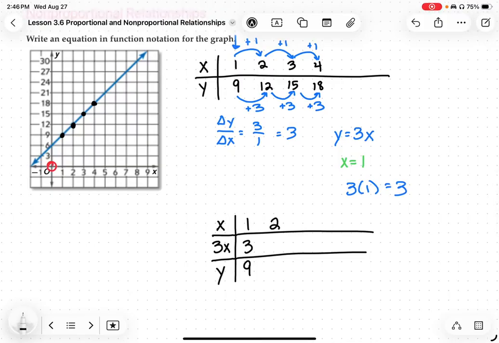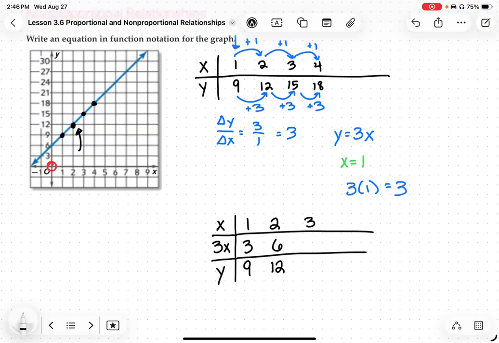Okay, what about when x is 2? Well, if x was 2, 3x would be 6. But the actual y, when x is 2, when I go up and look at this graph, my actual coordinate was (2, 12), so y is actually 12. My equation says 6, but the actual y is 12. Okay, what about when x is 3?